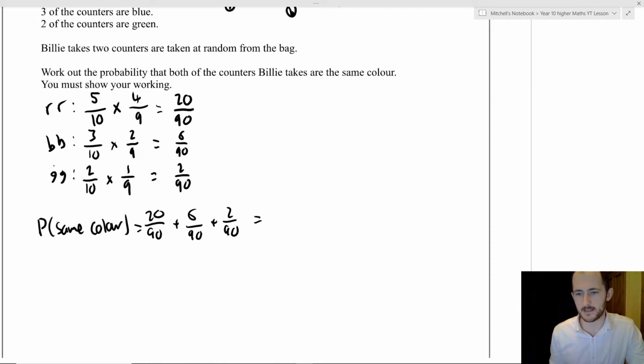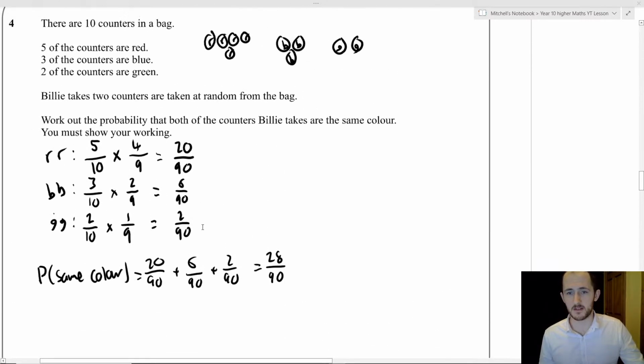So 20 add 6 is 26, plus 2 is 28, over 90. And again, you don't have to simplify if they don't specify. Okay, so I think that's okay so far, hopefully. Again, that was a 4-mark question, done pretty quickly, I think.